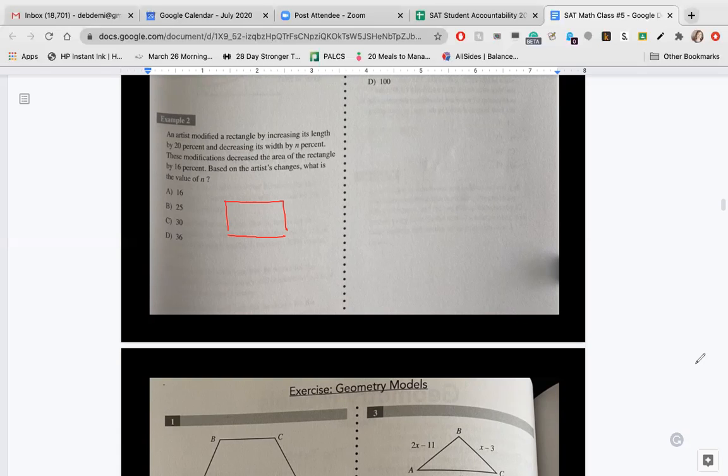Hopefully when I show you this problem, it'll help a lot. Okay, we're kind of slow on this one.